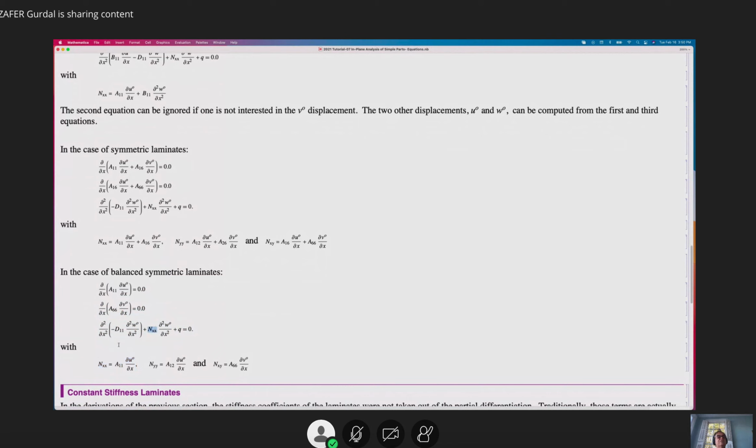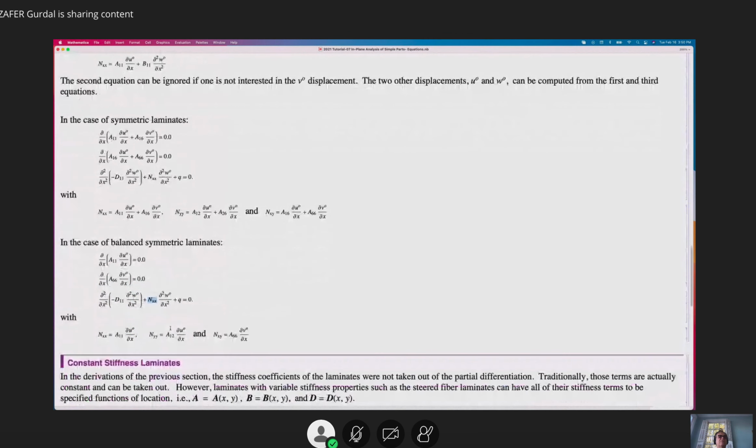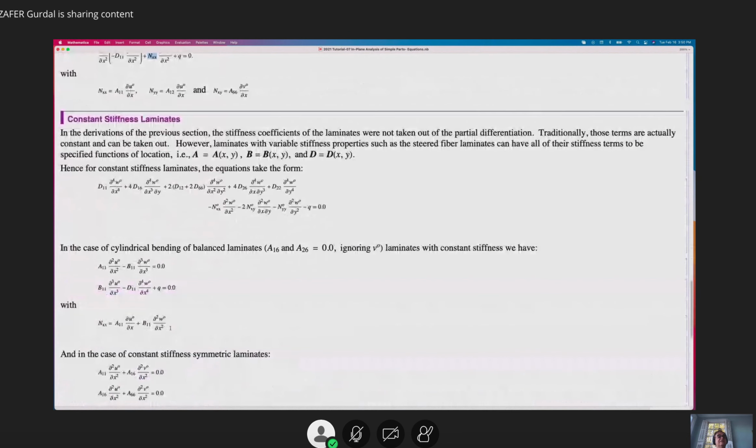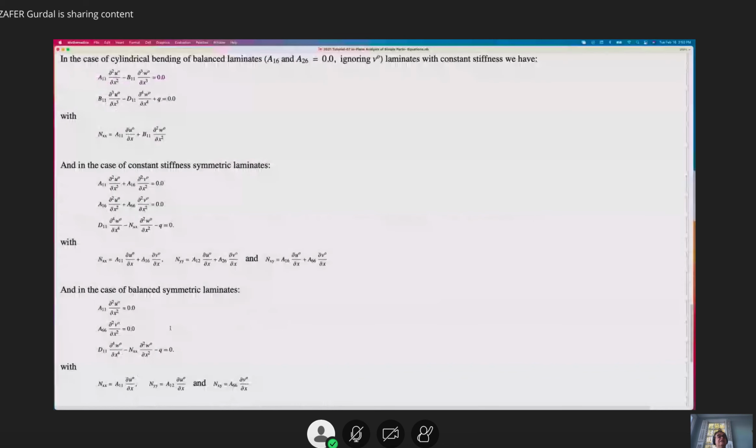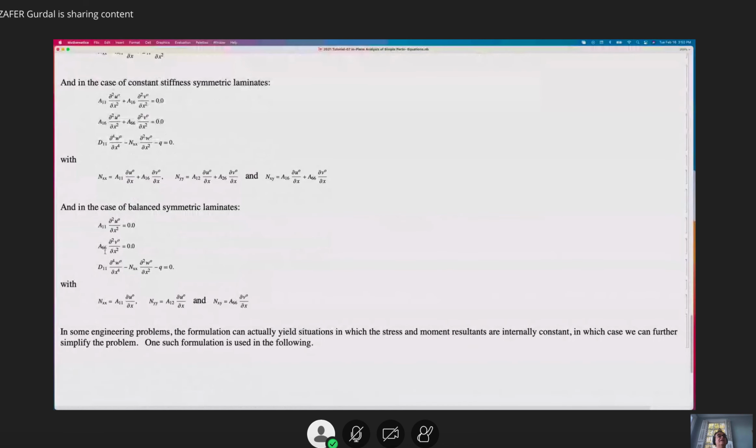So it's a product of in-plane displacement times the out-of-plane displacement, which is the nonlinear term. For constant stiffness laminates, the constants come out, and for balanced symmetric laminates, this will be the only expression that needs to be solved.